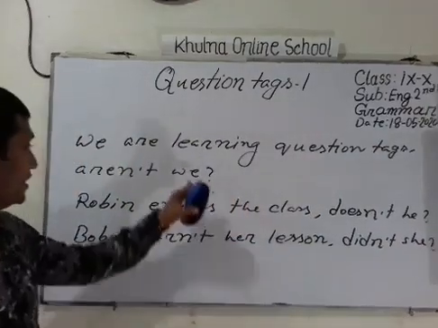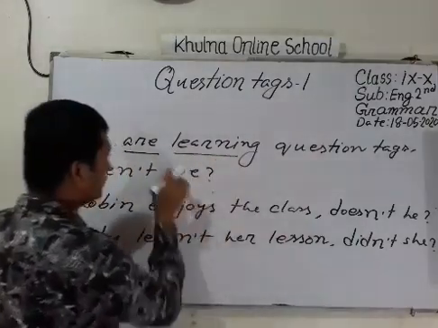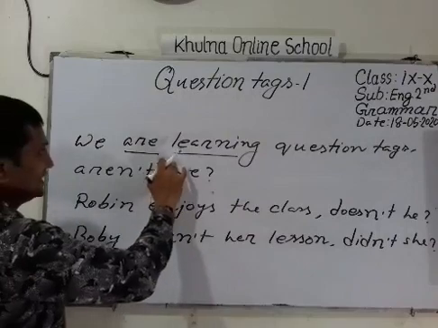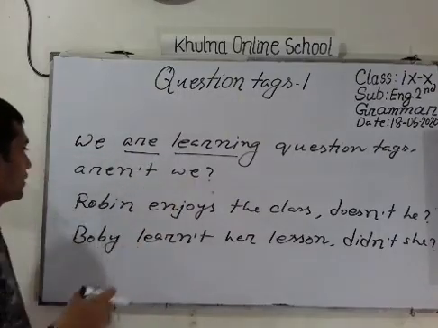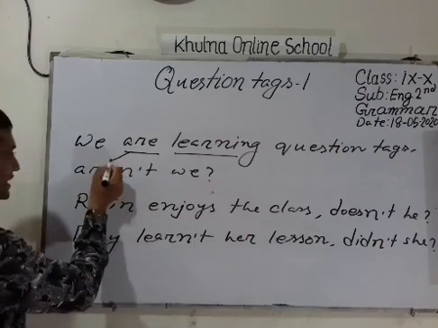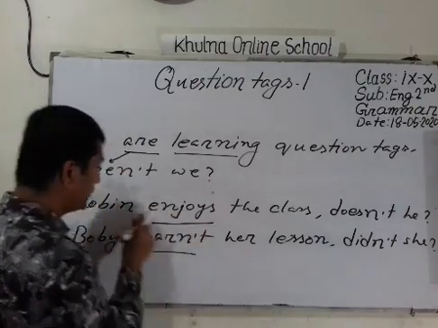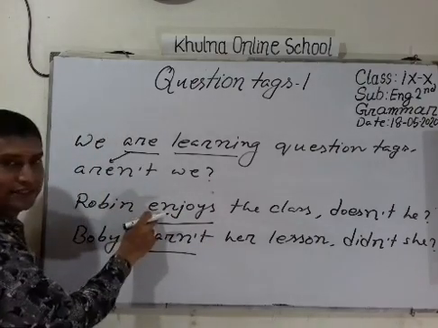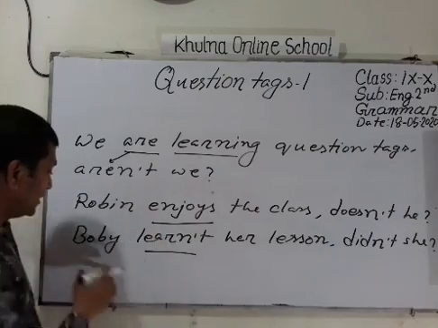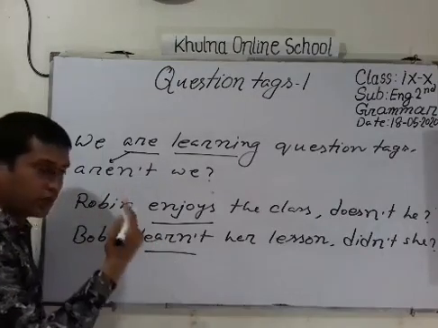Learners, here we are learning. This is the helping verb and this is the main verb, a verb phrase. This is present continuous tense. There are two verbs. To make a question tag easily, we can take this auxiliary. But in Robin enjoys there is no auxiliary, a single verb, but we need an auxiliary to make a question tag. Okay, Bobby learned, again a single verb, only one verb.